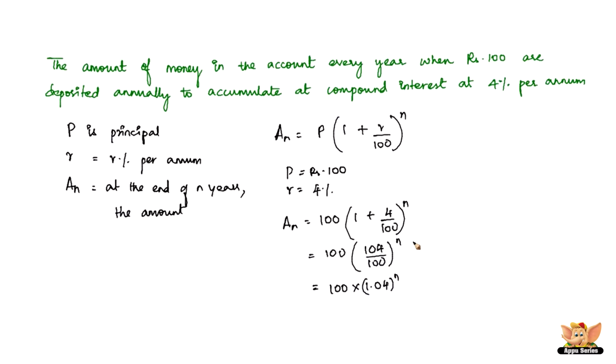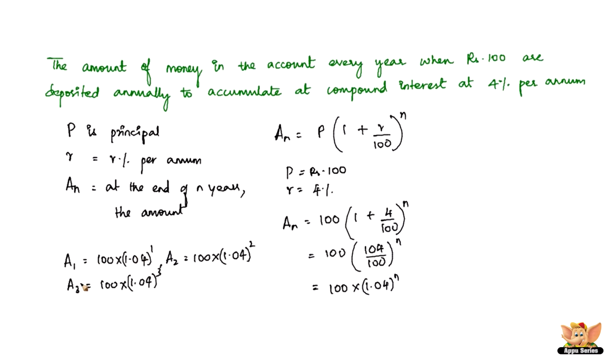Now let's try it out for 3 years. A1, the first year, is going to be 100 into 1.04 to the power 1. The second year is 100 into 1.04 to the power 2. The third year is 100 into 1.04 to the power 3.